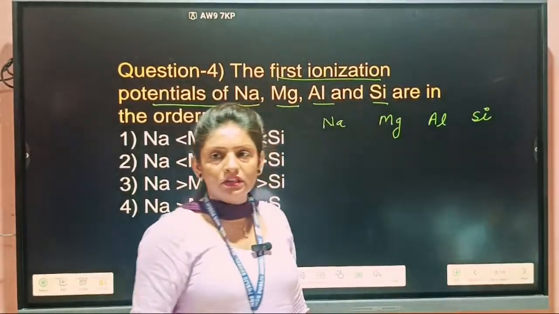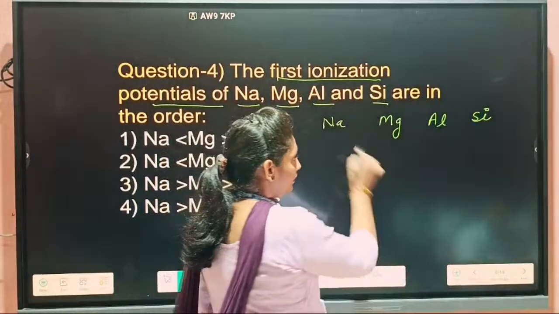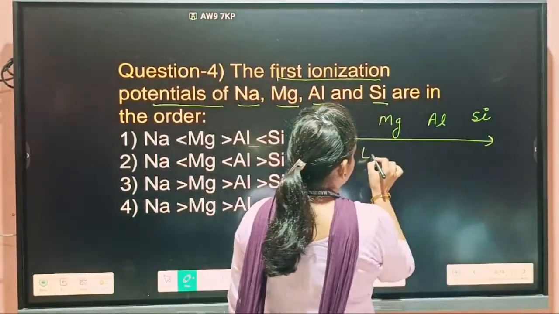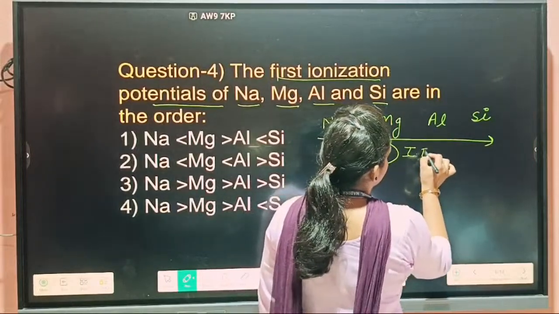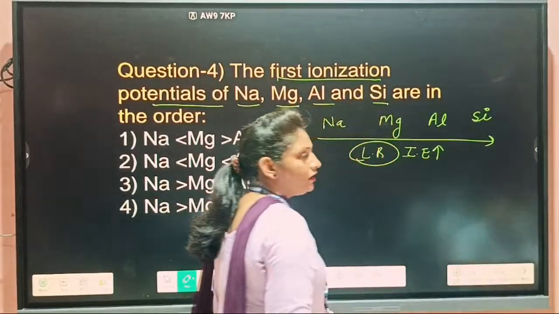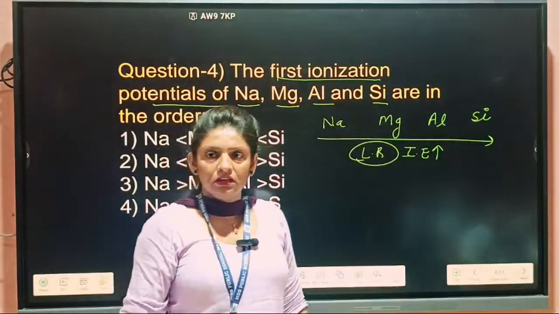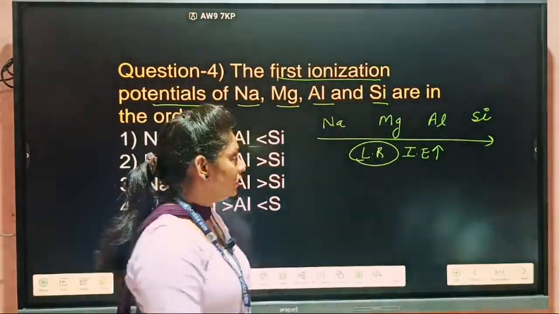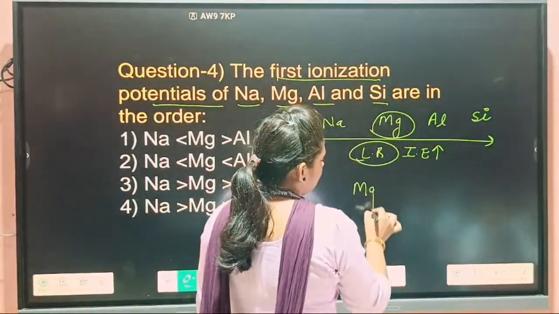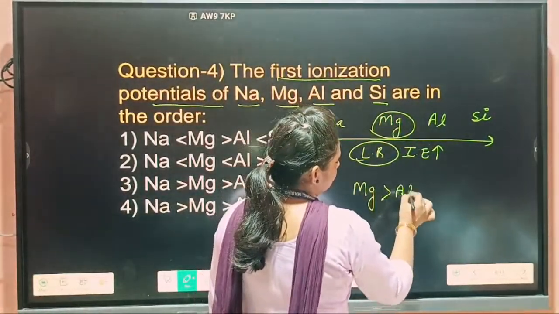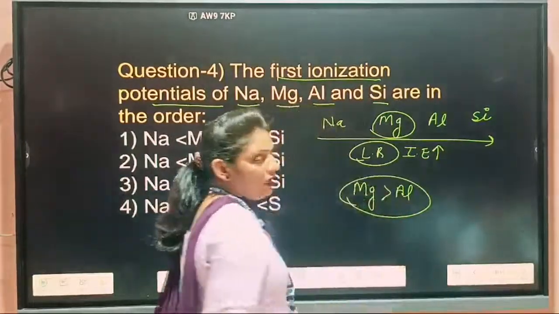If we talk about the general trend, then from left to right, ionization enthalpy increases. But students, we have already discussed in the previous question that magnesium has more ionization enthalpy as compared to aluminium.